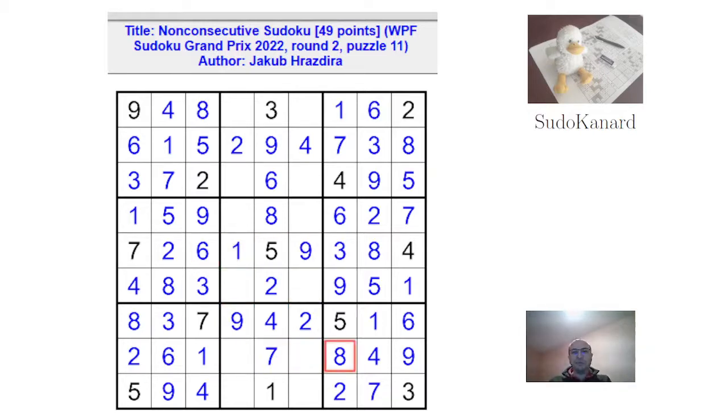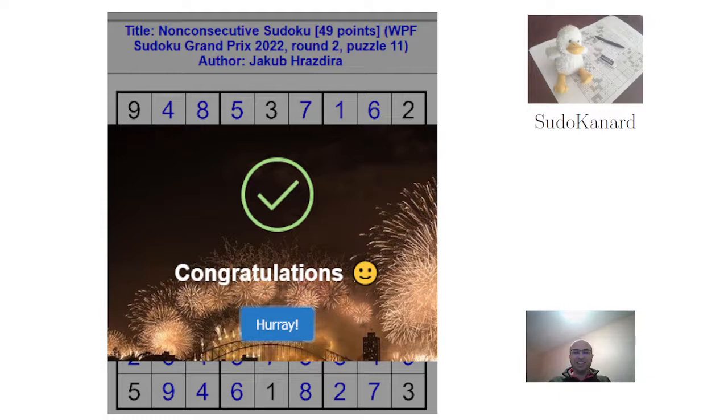So 3 and 5, but 3 won't be next to the 2. 6 won't be next to the 5, so that's 6, that's 8. Here we need 5 and 7, so that's 7, 5. 1 is here, 8 is here. 7 goes here, 6, and then that's a 3, and that's a 4. Yes, that's it.